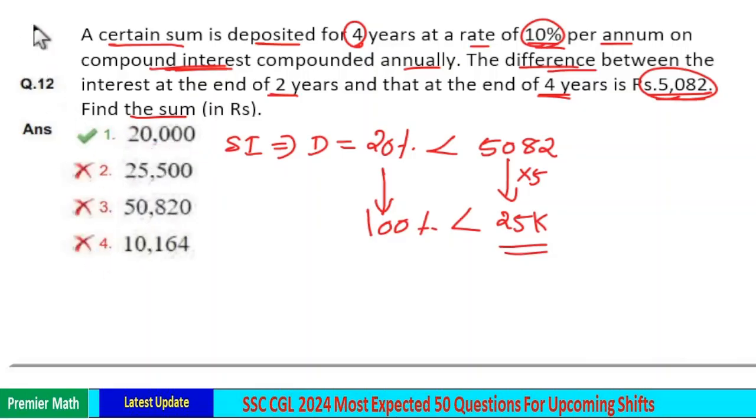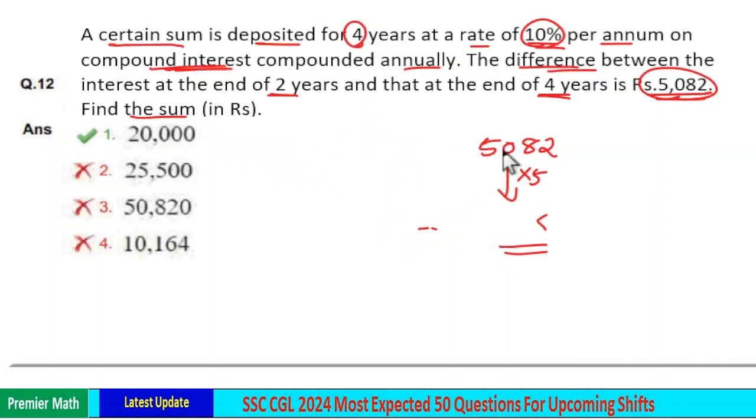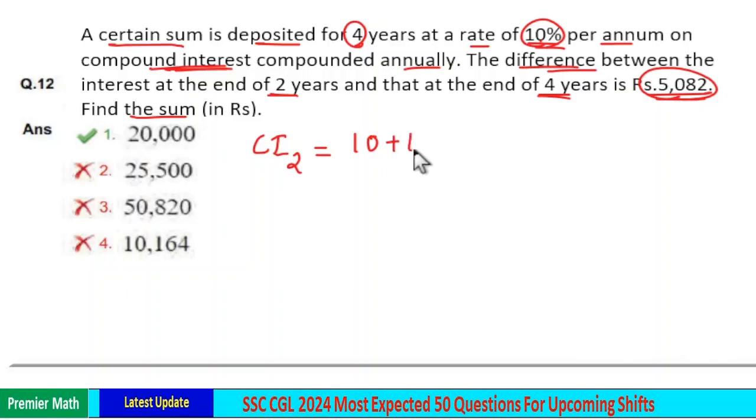Now if you want the real calculation, which will be equal to the compound interest difference. That is, compound interest for 2 years is equal to, for 1 year it is 10. So for 2 years, go for the successive formula. That is 10 plus 10 plus 10 into 10, 100 by 100, which is equal to 21%.